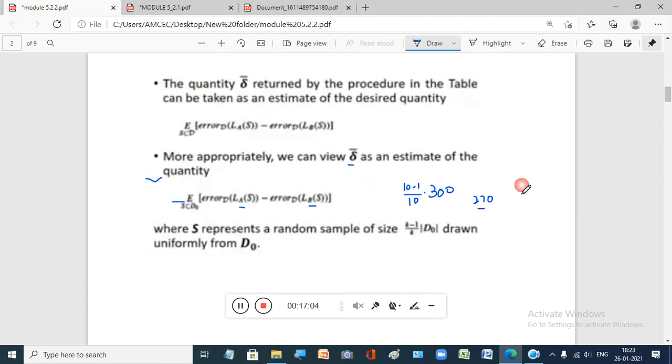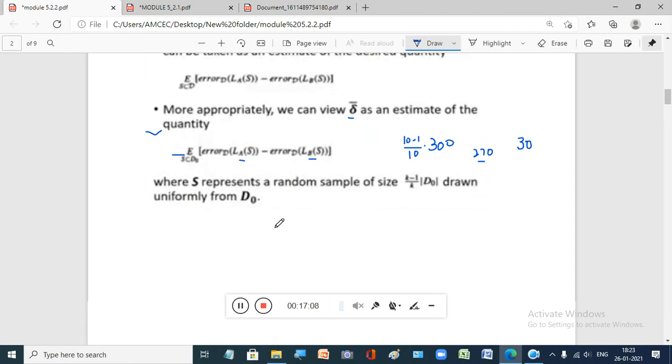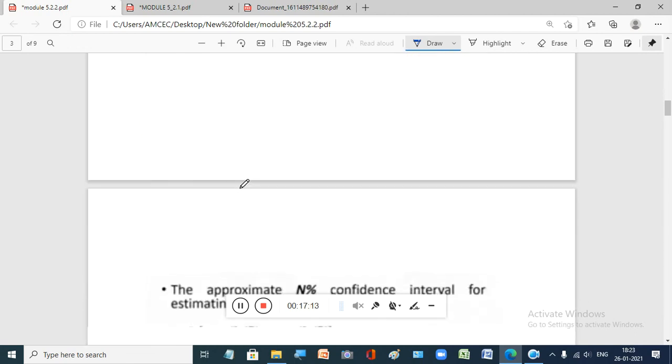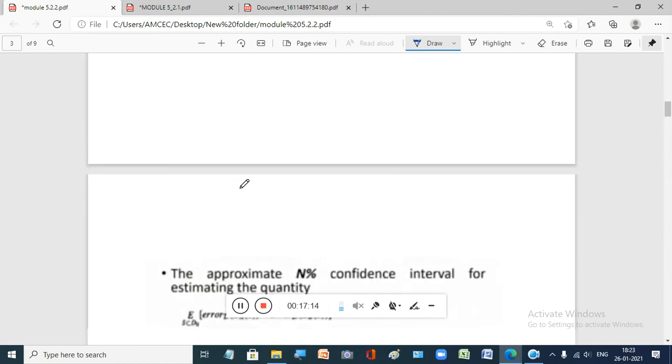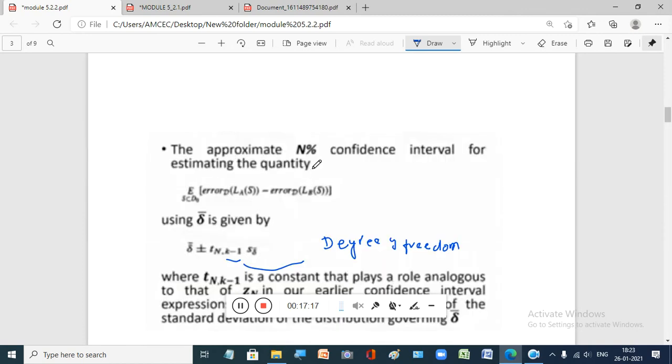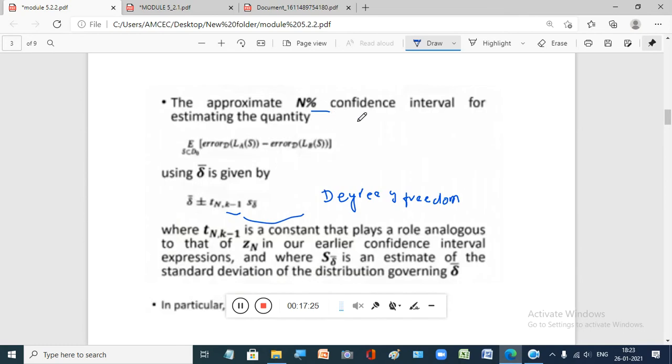So this is the approximate N% confidence interval. Now we try to find our confidence interval for estimating this quantity by using delta bar.